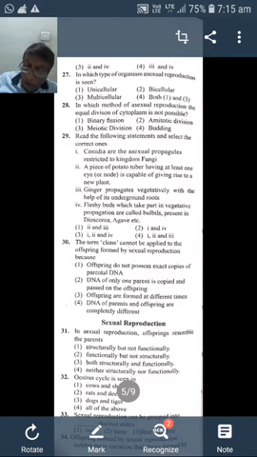See carefully. Offspring do not possess exact copies of parental DNA. The children born to the father and mother are slightly different. They are not similar, not like clones. What is the reason?